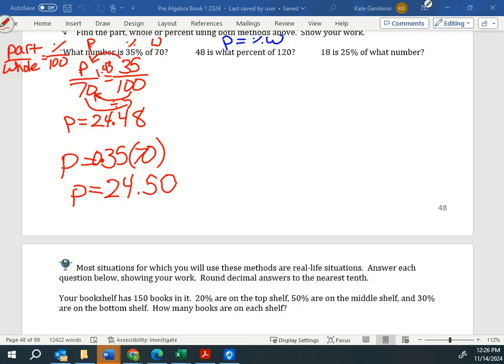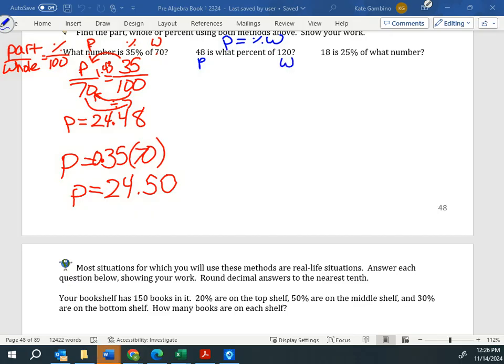Okay. Let's look at 48 is what percent of 120. Let's do our proportion way first. The first thing we're going to do is you're going to tell me what is my part, what is my percent, and what is my whole. Who can label them for me? Claire. 48 is your part. 120 is your whole.